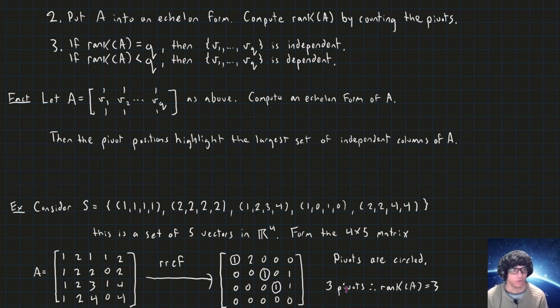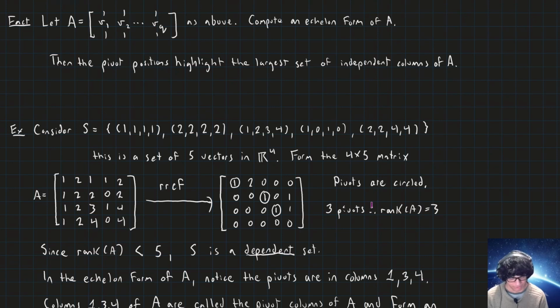That means we have a rank of 3. So what does that say for the dependence or independence of this set? It says that it is going to be dependent, since the rank is equal to 3, and that's less than 5, the number of vectors. That means this is a dependent set.